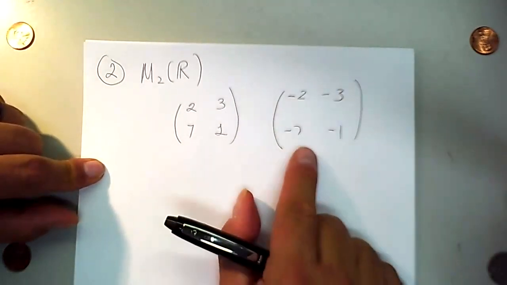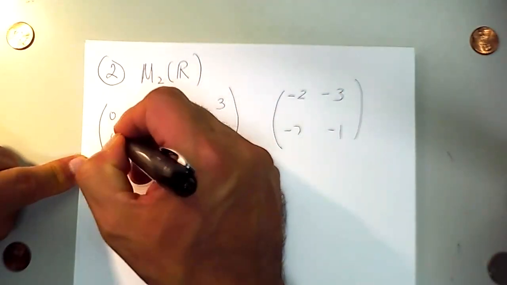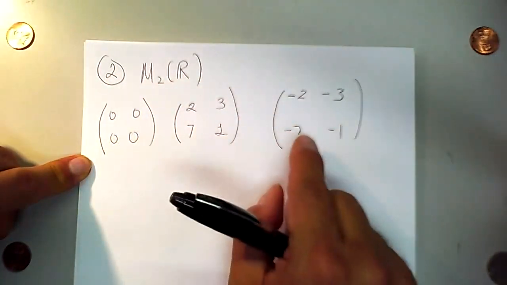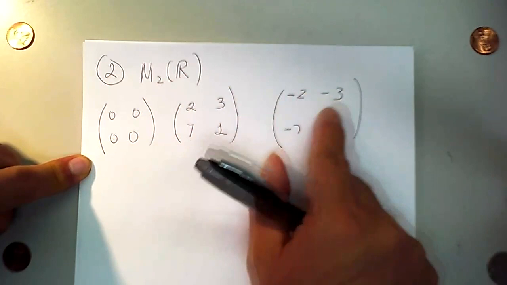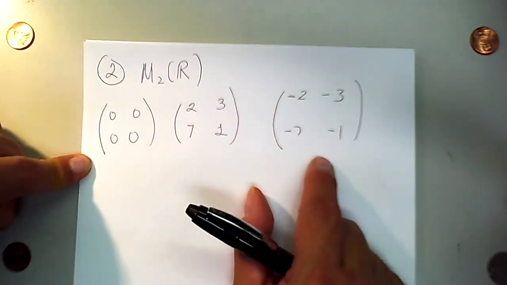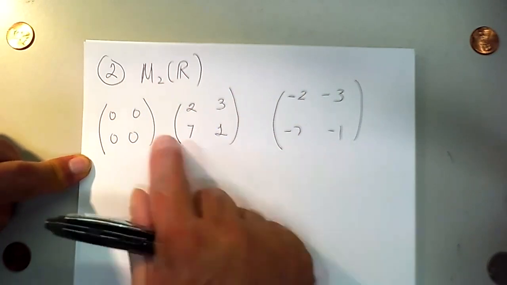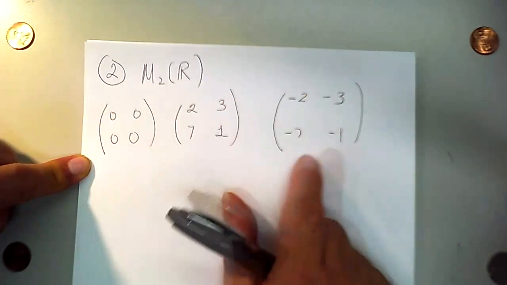Oh, before talking about opposite, we have to talk about the zero matrix, which would be 0, 0, 0, 0. And then adding those two together, we get this one. We can multiply by a scalar, which means multiplying every one of the elements by the scalar. So this is a vector space, the set of all those matrices.